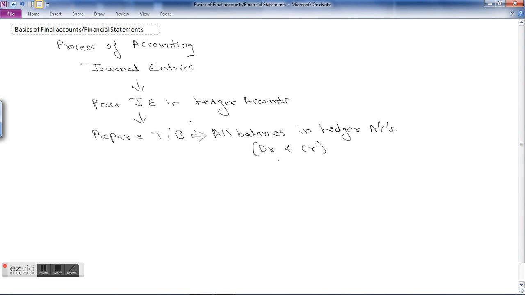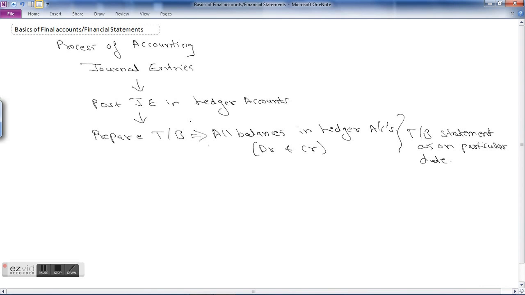It will be a statement as on a particular date which will present the balances as per your ledger accounts.